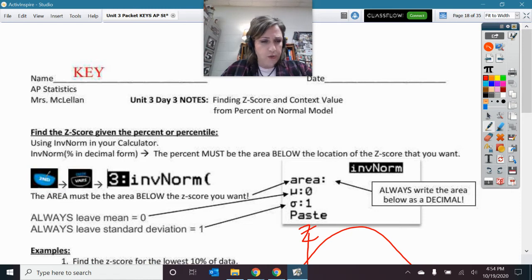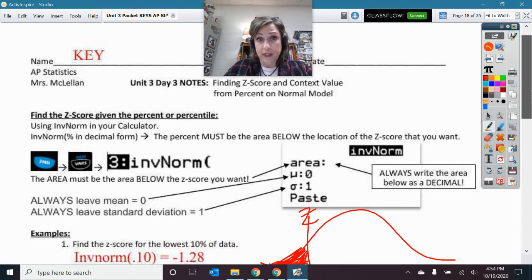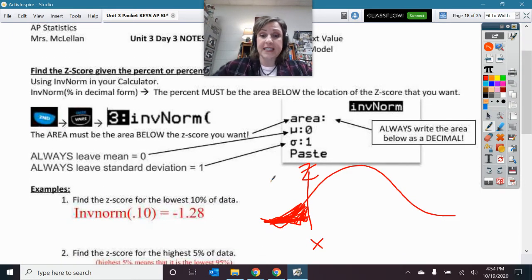So we go to second, then vars, and number 3 is inverse norm. Your screen comes up like this. When you put in the area, it's the area below a certain point. Since this is the lowest 10%, our area below is 0.10. Inverse norm of the area below is the z at that spot.